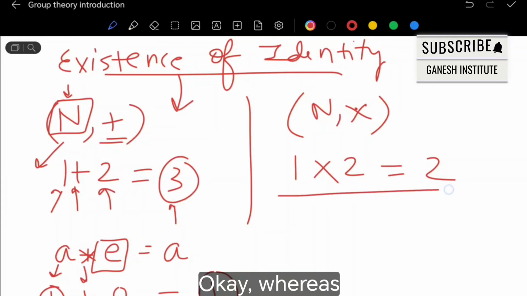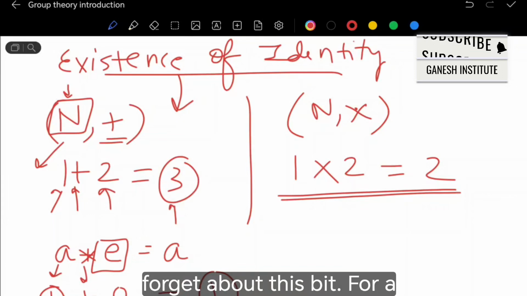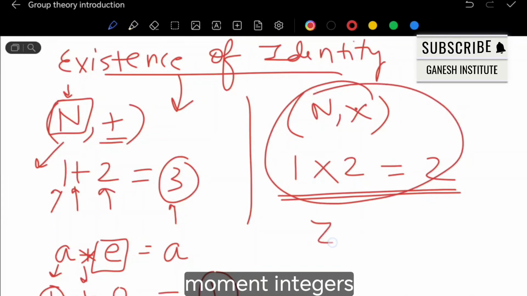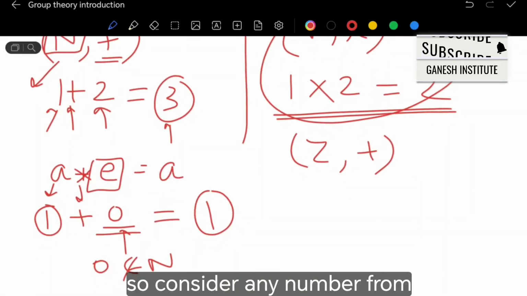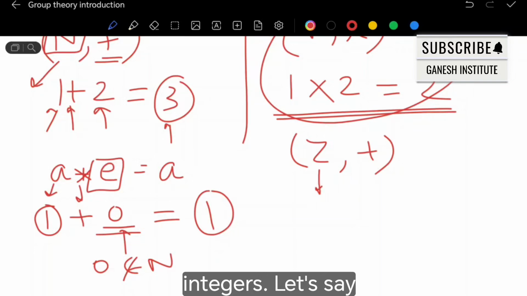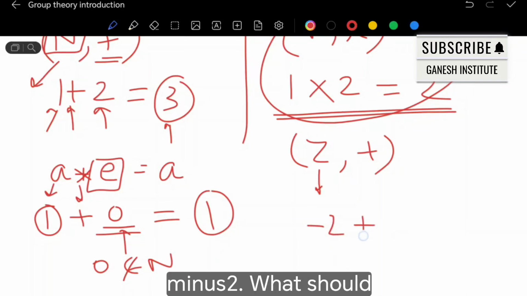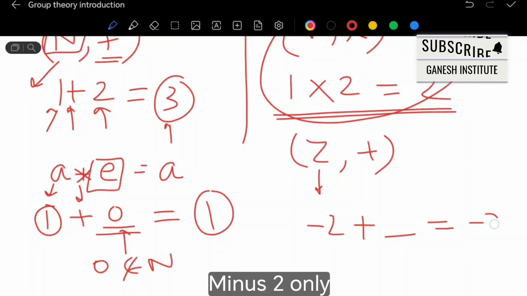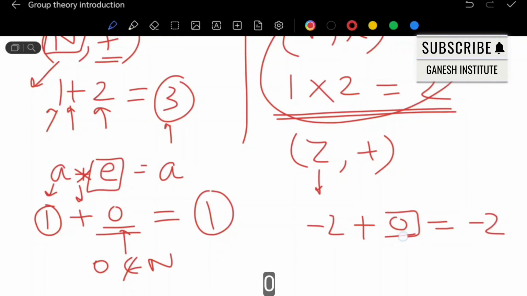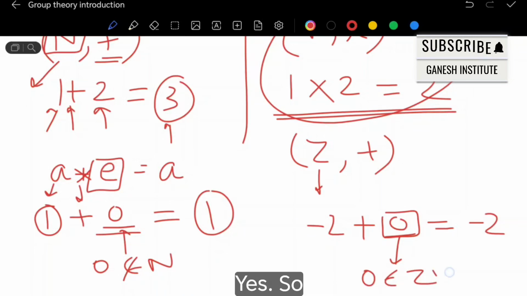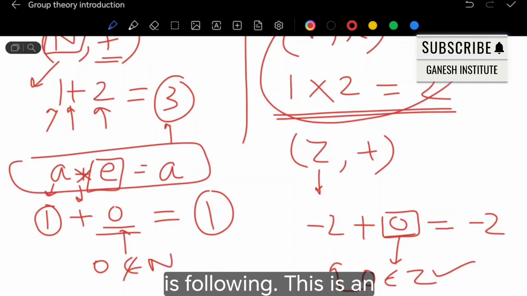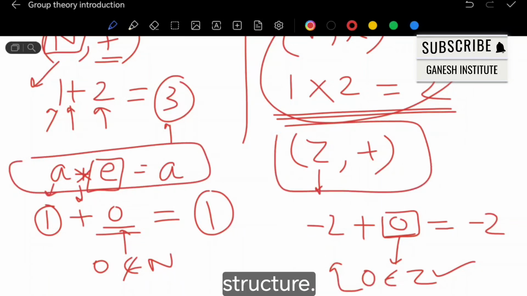Whereas if I talk about the integers, just forget about this bit for a moment. Integers, Z, and again I'm having plus. So consider any number from integers. Let's say -2. What should I add so as to get -2 only? 0. Does 0 belong to Z? Yes. So 0 is an identity for this algebraic structure.